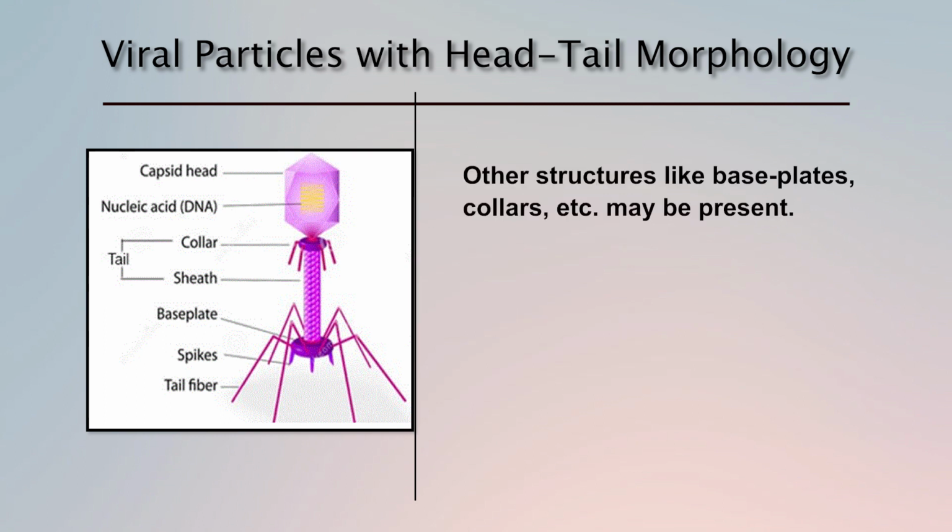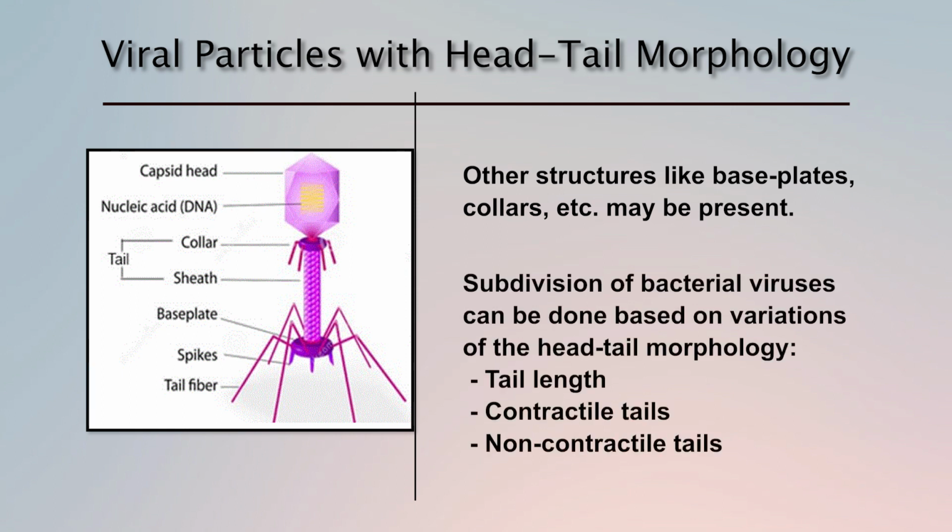Now, there are other structures also like tail fibers, base plate, and collar, and these types of viral particles are classified on the basis of tail length, contractile or non-contractile tails, and other features. These viral particles attach to the host cell surface through these tail fibers and inject the genome, which is tightly packaged within the phage head, using the tail as a conduit.